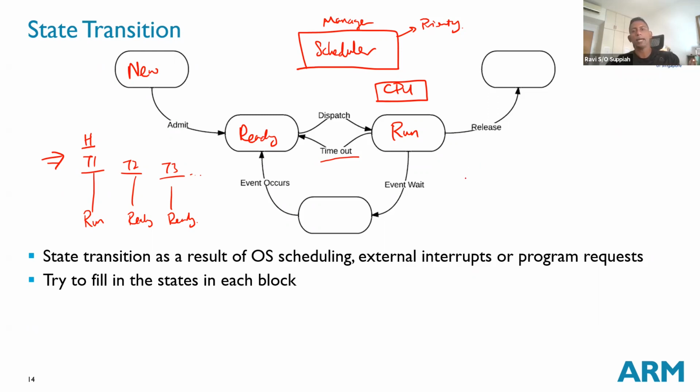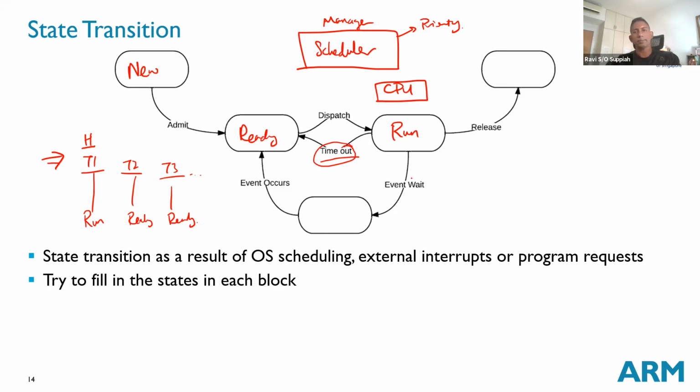If that happens, the task can transition from run back to ready state. That is this part over here, because it is voluntarily giving up the CPU.